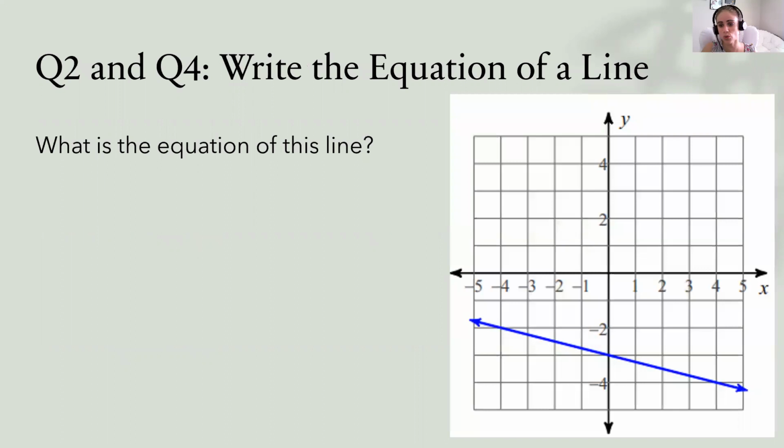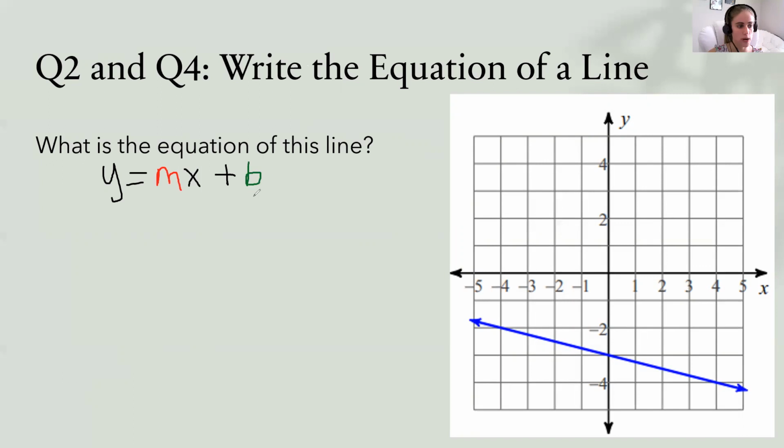Now, questions 2 and 4 on your quiz are giving you a graph and asking you to write the equation of the line. In both of these instances, we are asking you to write the equation of the line in slope-intercept form. Remember, slope-intercept form is y equals mx plus b.